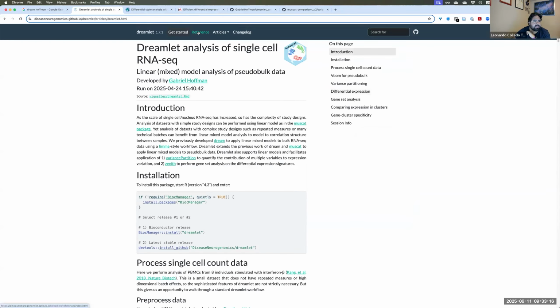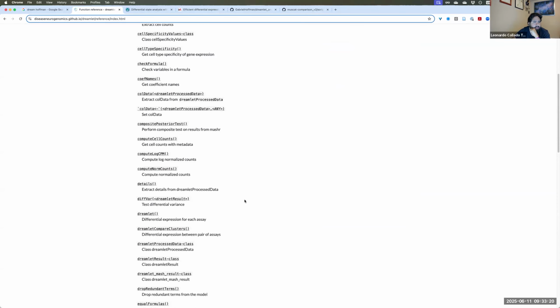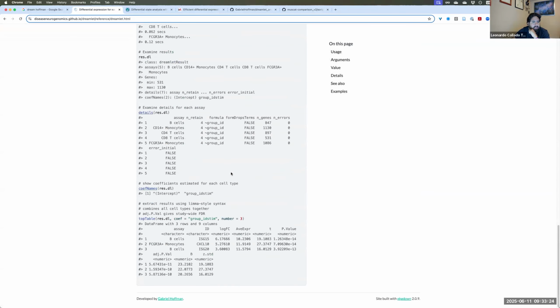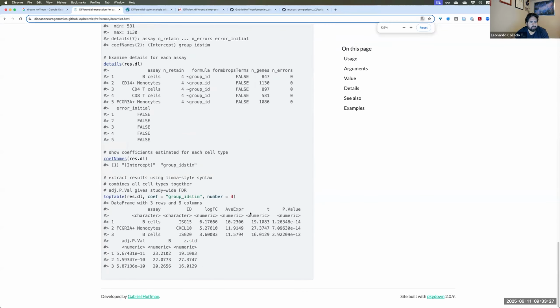However, I'll note something in Dreamlet, which is that the adjusted p column over here is a study-wide false discovery rate. This is the global p-value that we were talking about in the muscat paper. It's not an adjusted p-value by cell type.